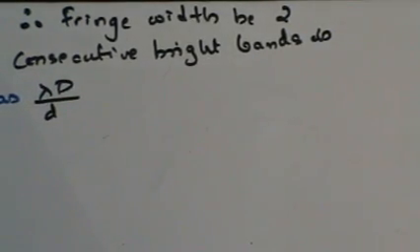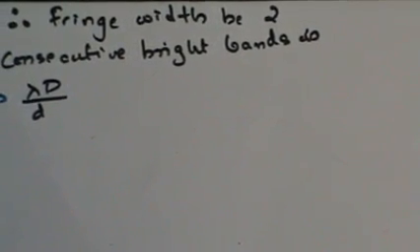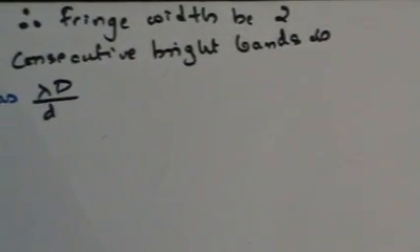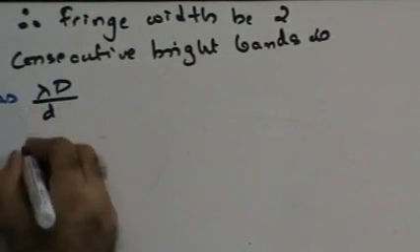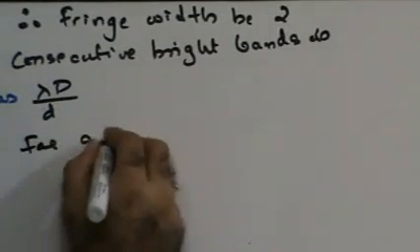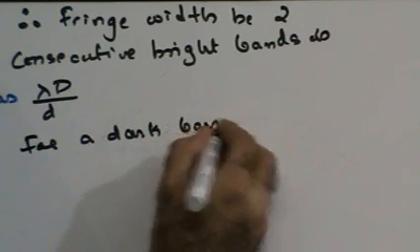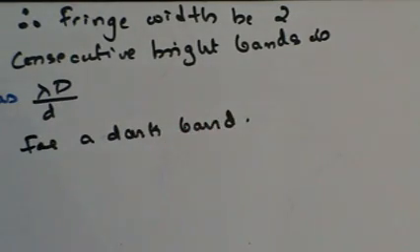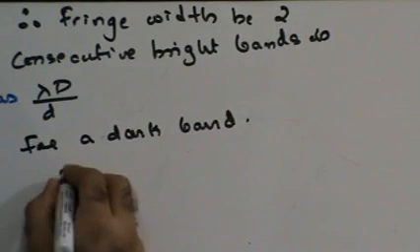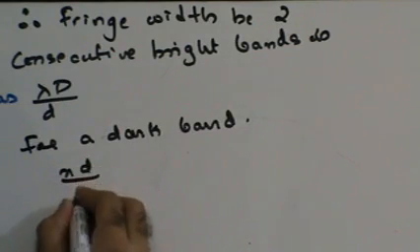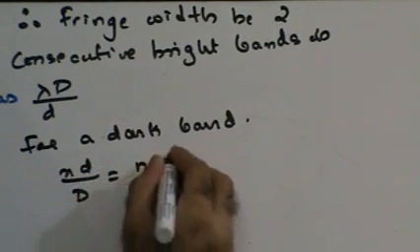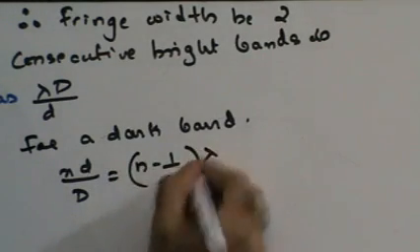Fine. Now let's find out the fringe width for a dark band. I can say that for a dark band we have derived that x d by d is n minus 1 by 2 lambda.